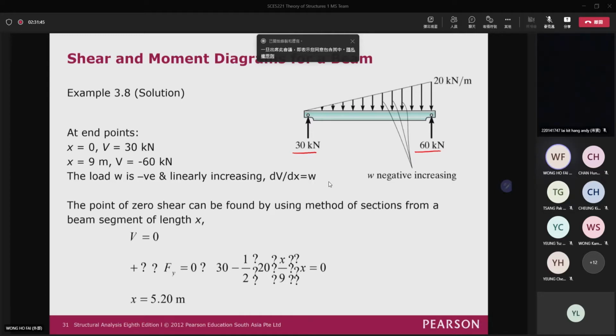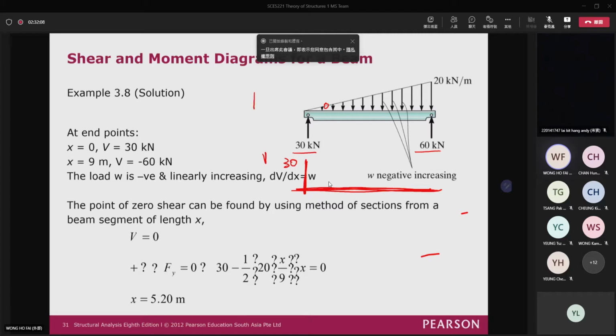Why I'm saying that? Because actually, if I draw the shear force diagram, this is the line here. And then at the first, I have 30 kN pointing upward. So to draw the shear force diagram, there's a 30 kN going upward. And then you can see that the distributed load is actually a negative value here.